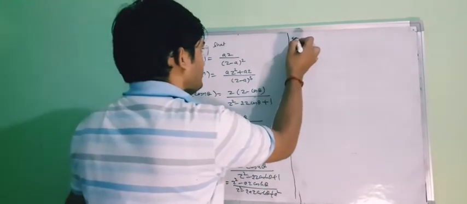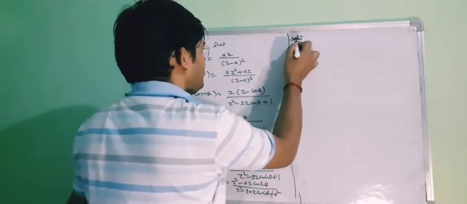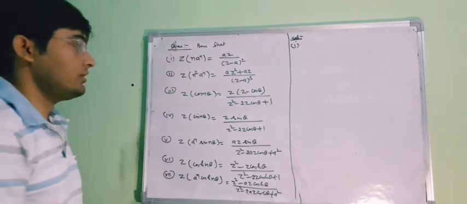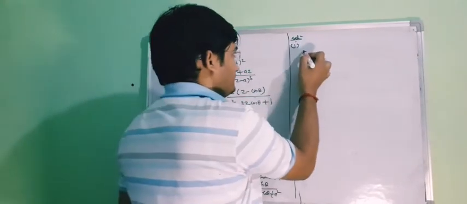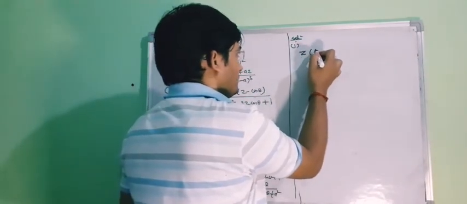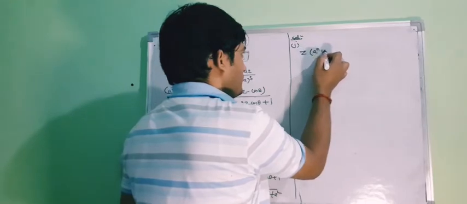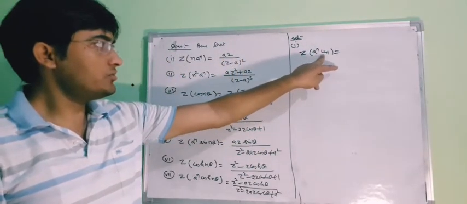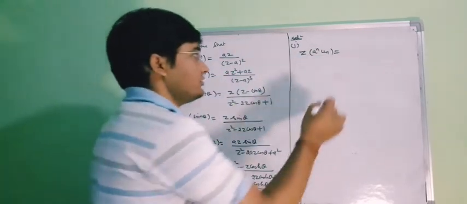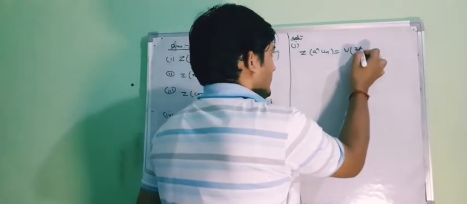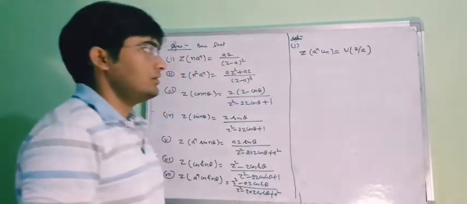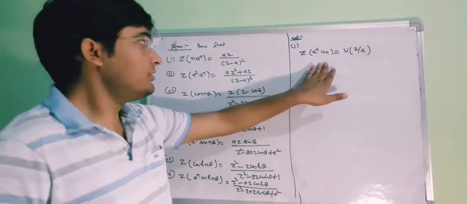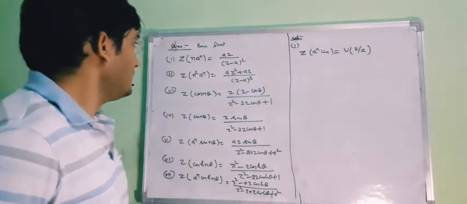Solution. The first part. Now use your damping rule. The Z transformation of a power n un was u z upon a. This is what we have proved in the damping rule.